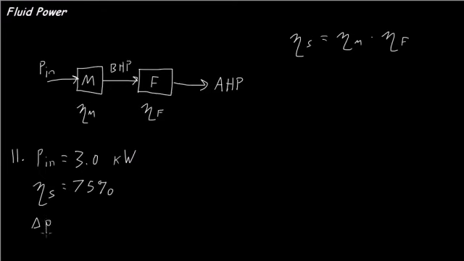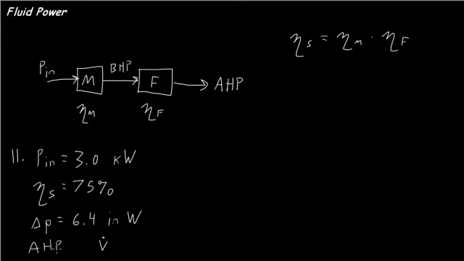The pressure is 6.4 inches water. And we want to determine two things: the fluid power output of the fan system. So we want to know the air horsepower, and we want to determine the volume flow rate in CFM, V dot.